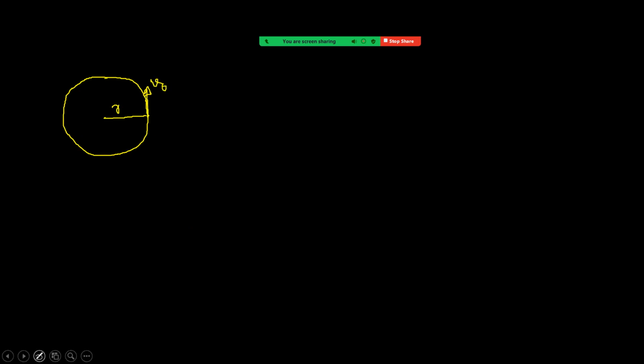Now a monkey jumps in the forward direction with a relative velocity v relative equal to (root of 5 by 4 minus 1) into v naught, where v naught is root of GM by r, the orbital speed, right?